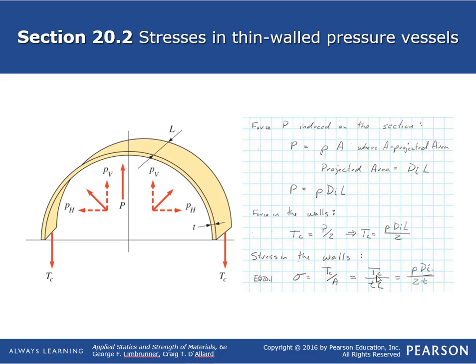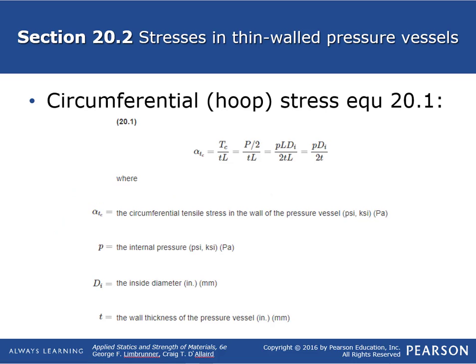And you see when we made the substitution, we noticed that the L divided out. Okay, so this is how we derive equation 20.1. And that's the circumferential stress, or in other words, the hoop stress. And this equation here shows you out of the book how that equation is generated. We're going to be using this equation a lot in this chapter.